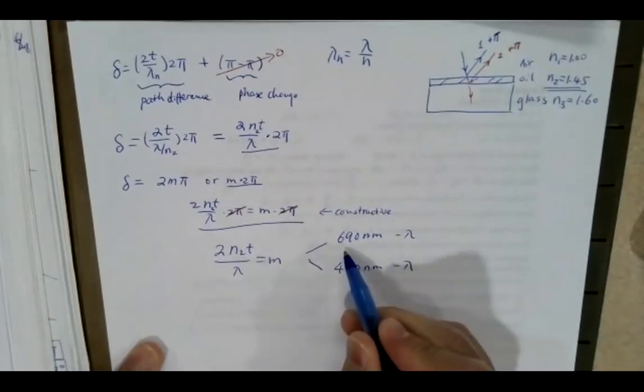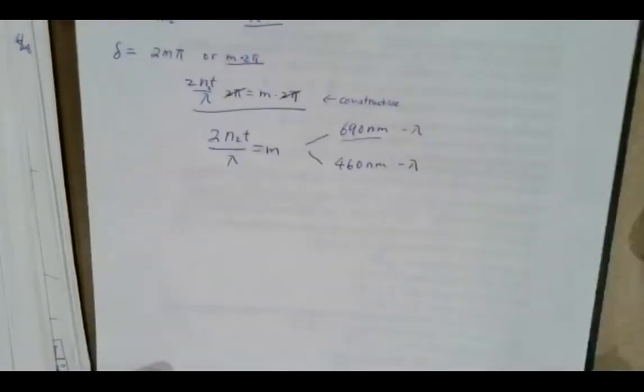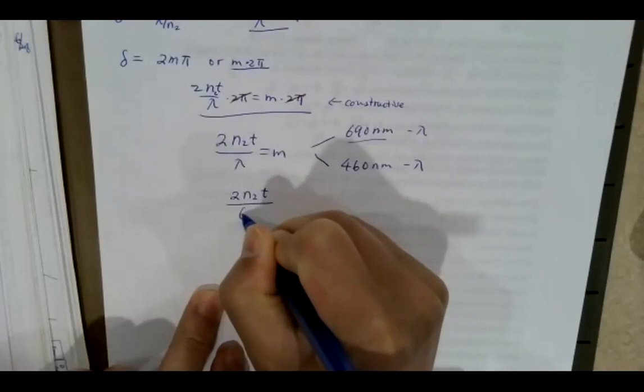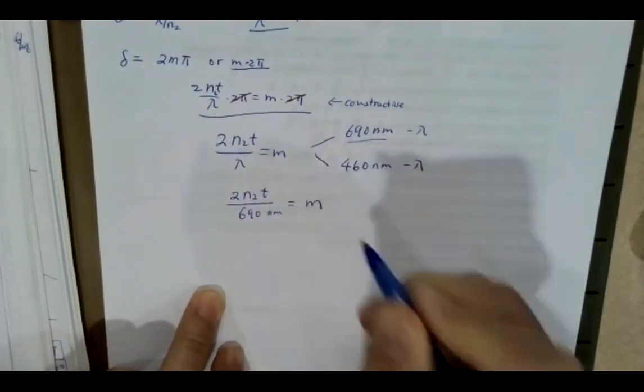If you put lambda as 690, it will give you 2 n2 times t divided by 690 nanometers equals m.